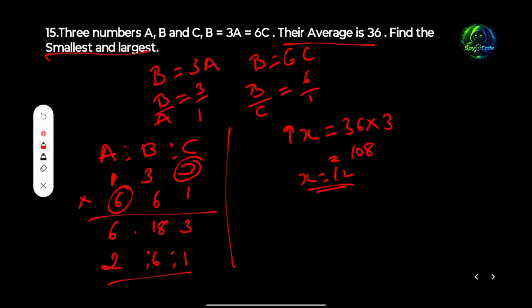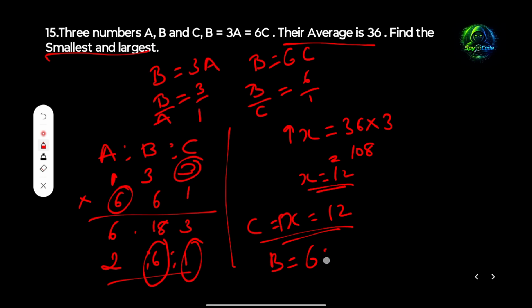In ratios, we know that the largest is 6x and the smallest is 1x, which is 12. This is the smallest. B is the largest, B is 6x. 12 into 6, 12 sixes are 72. So this is the largest and this is the smallest number we have found.